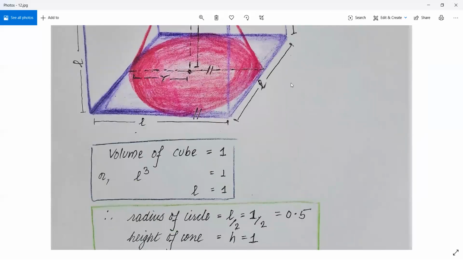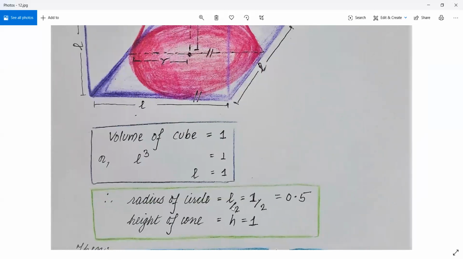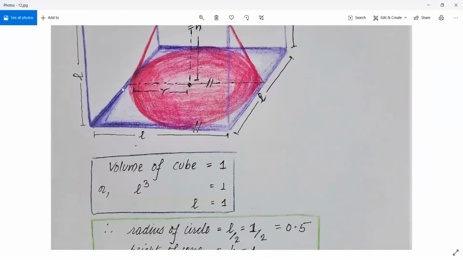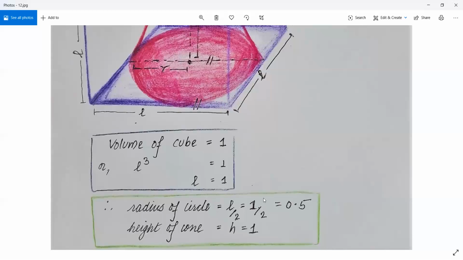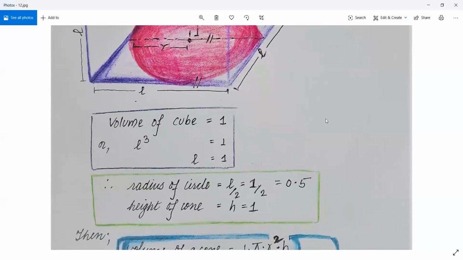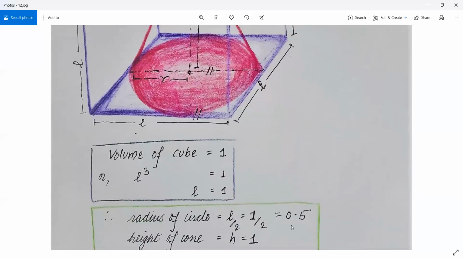When L is equal to 1, the diameter of the base of the cone is equal to the edge of the cube, so the radius will be L divided by 2, because the diameter divided by 2 gives you the radius. The diameter is 1, so when you divide it by 2, you get the radius of the circle, which is the base area of the cone. The radius of the base of the cone is 0.5.